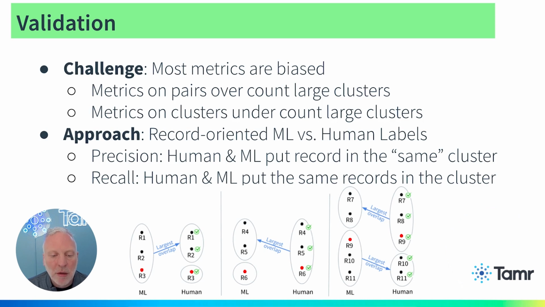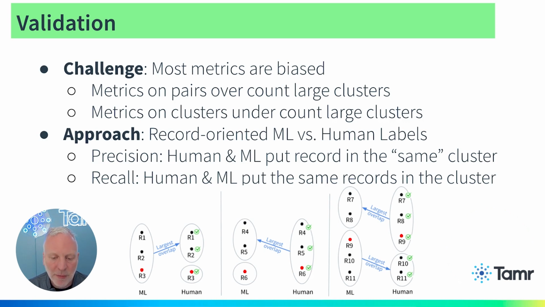Conversely, recall is when a human and the machine learning put the same records in the cluster with the test record. So a recall error is when a human and machine learning do not put the same records in the same cluster. And in the middle on the bottom, you can see an example of a recall error where machine learning has placed the test record R6 in a separate cluster from records R4 and R5, whereas the human has placed those three records together.